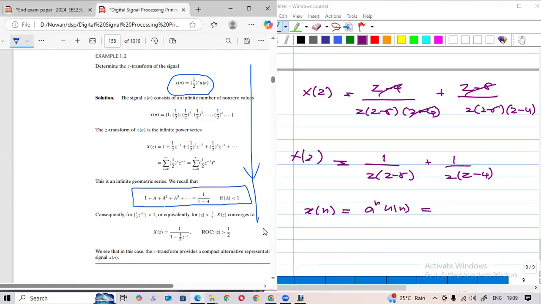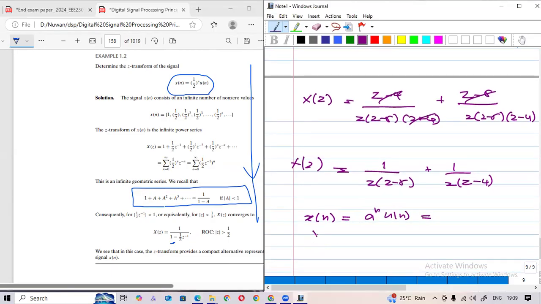If xn is a^n u[n], what is XZ? It will be 1 minus a, because this half I will take as a z minus 1. So I can write this as z over z minus a. In this way I can write this, no? Z minus a.